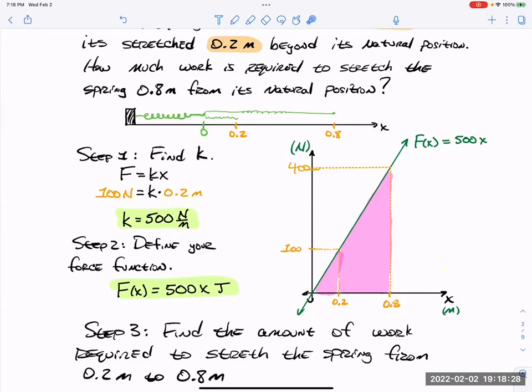Now let's take a look at this graph here, because this is going to be important when you take calculus to your science classes. You use calculus. So if you have a function here, f of x equals 500x, and this is f of x versus x, meaning the vertical axis is force, which is in units of newtons.